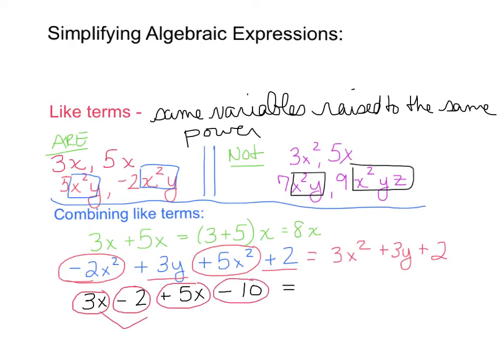So I would do the 3x plus the 5x to get 8x. Then I would do the negative 2 minus 10 to give me minus 12. What's important to realize here is that the subtraction sign will actually make the number that comes after it negative.